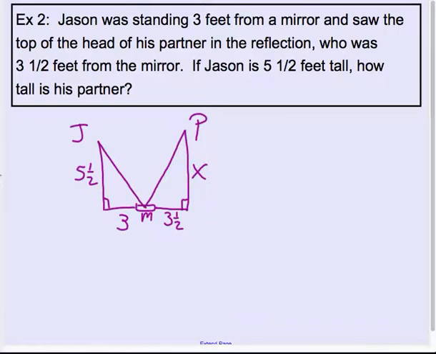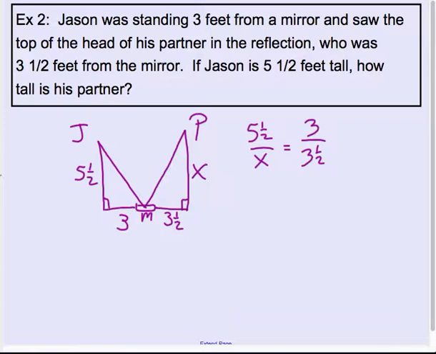So here's our visual aid to help us set up our proportion. So we're going to start with 5.5 over x equals 3 over 3.5. If you're looking at this, there's about 6 or 8 different ways that you could set up this proportion and still get it solved correctly.